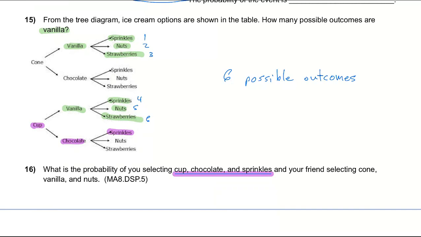So the probability of this is one possibility out of 1, 2, 3, 4, 5, 6, 7, 8, 9, 10, 11, 12. 1/12, because there's 12 total outcomes on this. And converting 1/12 real quick here gets me 0.083 repeating.